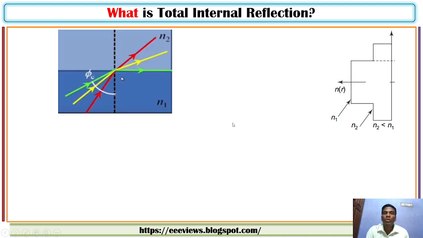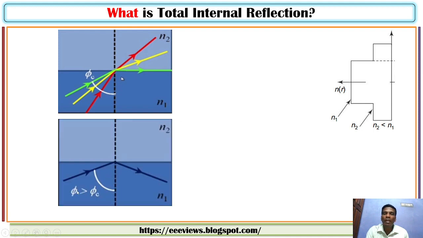When light is incident on a medium, it will always be refracted. You can see here the light is incident on the medium and then it gets refracted. But based upon the angle of incidence, something may change.